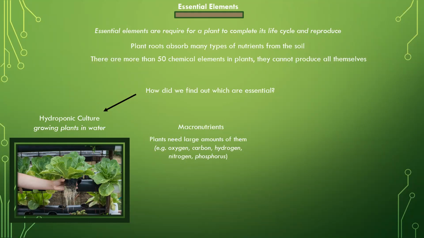There are macronutrients, such as oxygen, carbon, nitrogen, and phosphorus. They're not macro because they're big, they're macro because plants need a lot of them in order to survive. Plants need a constant source of carbon dioxide and hydrogen and nitrogen and oxygen.